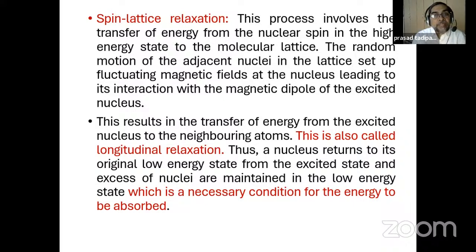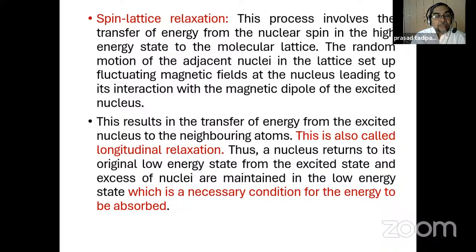If the adjacent nuclei get disturbed or are moving, the magnetic field also gets fluctuated. That leads to its interaction with the magnetic dipole of the excited nucleus. So this results in the transfer of energy from an excited nucleus to the neighboring atoms.